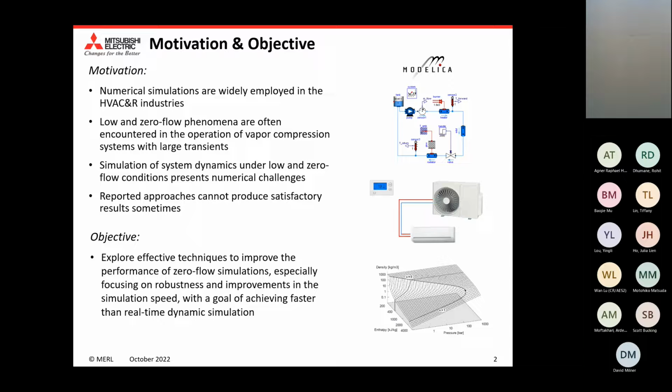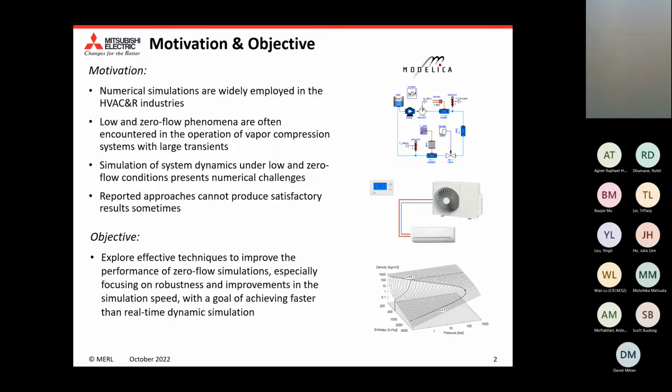For instance, if we want to stop or shut down the system, switch the operating mode of the system, or do reverse cycle processing, and especially for refrigerant flow systems with a lot of units, sometimes you want to turn off one or multiple indoor units. In these conditions, we often encounter zero flow conditions.